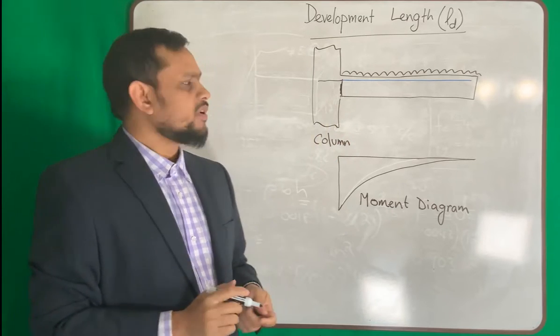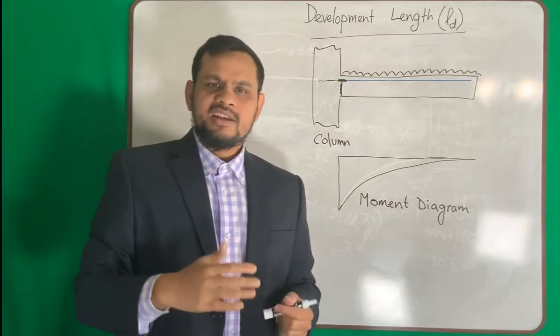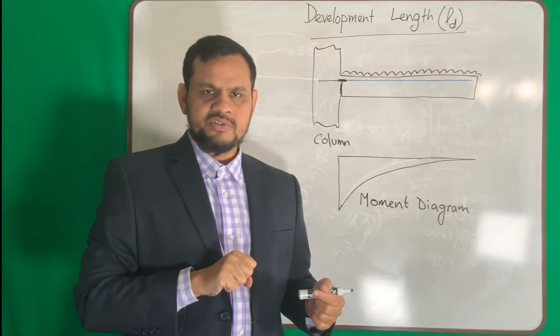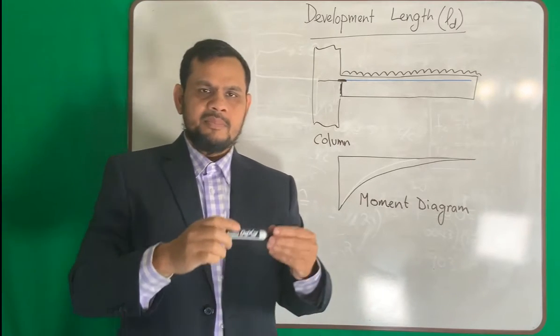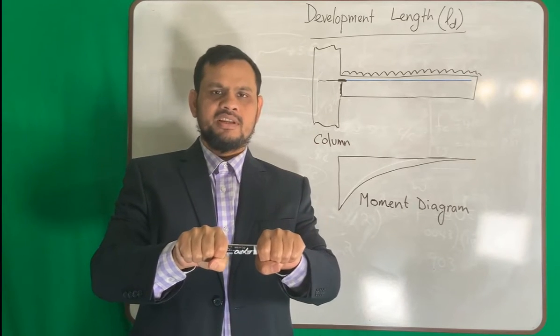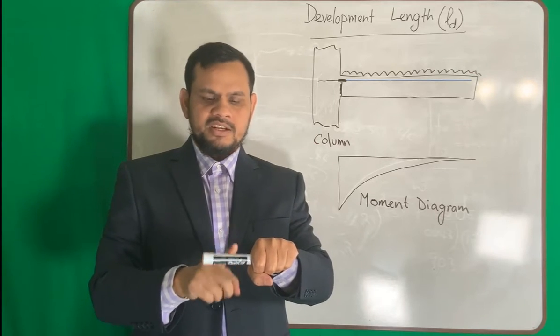Why? Because of the amount of force that develops here, I need some length to anchor that reinforcement. That means whenever I am placing the reinforcement here, my concrete is anchoring it, holding it. Then I can apply force on my reinforcement.